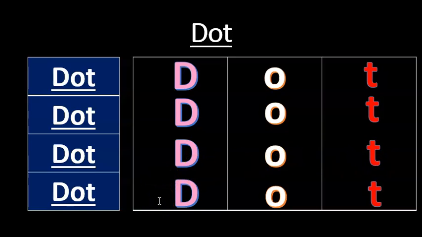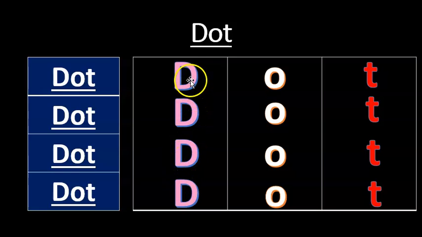Repeat after me. D, ought. Now, we're going to make these letter sounds together. Repeat after me. D, D, D, D.